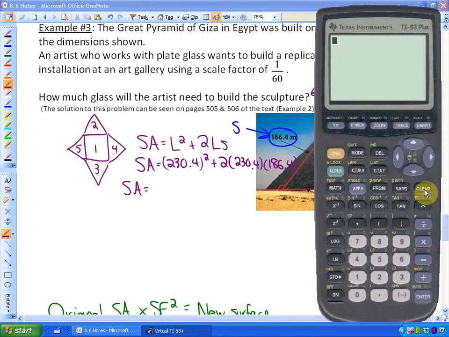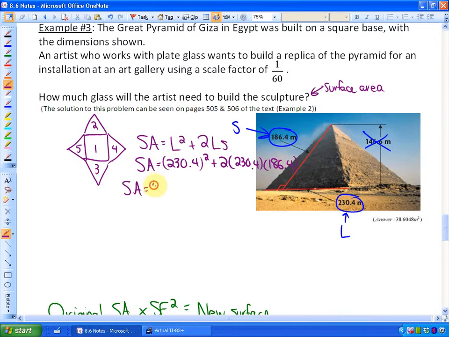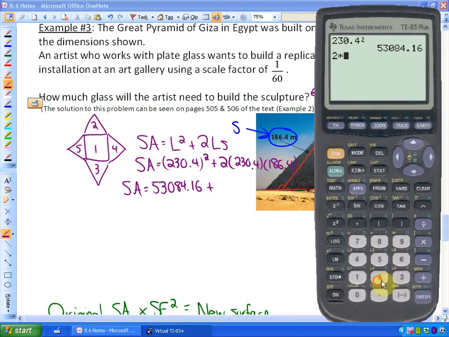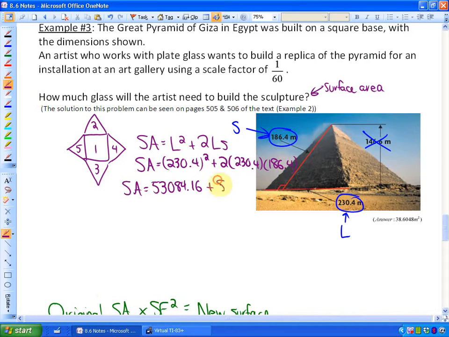Okay, so here we go. 230.4 squared is equivalent to that number. Maybe I'll write it down, 53084.16. And 2 times 230.4 times 186.4 is equivalent to 85,893.12.